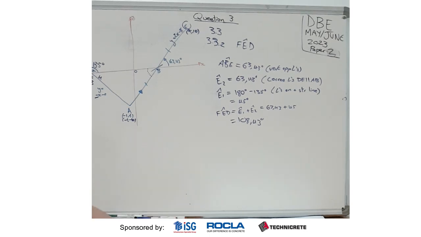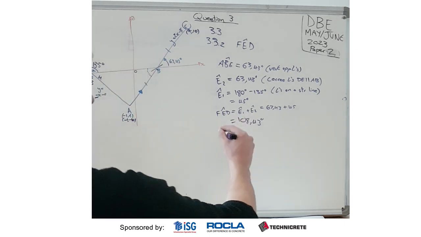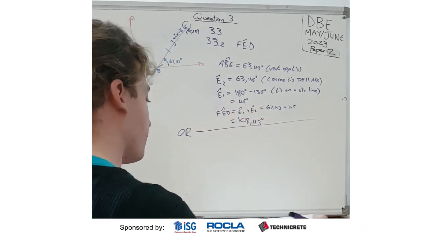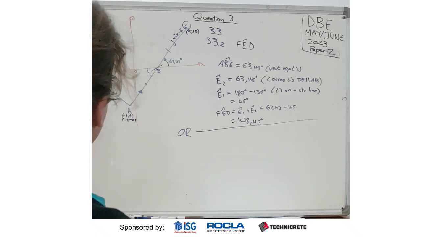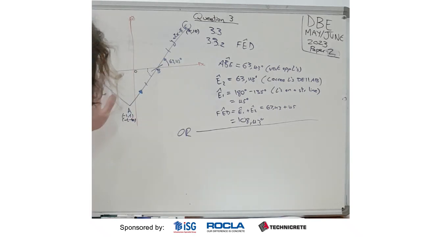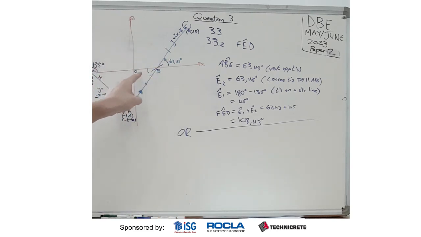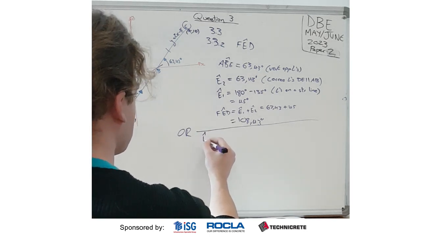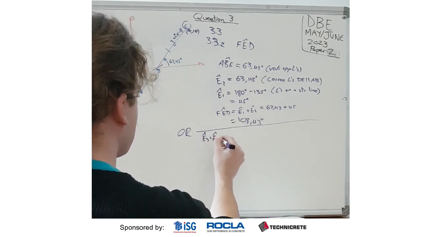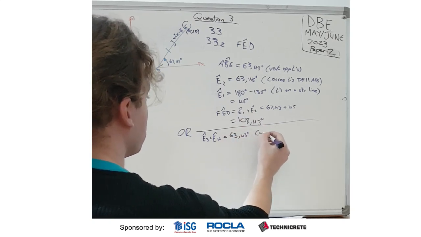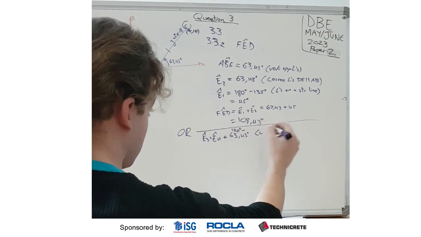Okay, that's method 1. I think, yeah, that's a good method if you're able to spot things like vertically opposite and corresponding angles. If you're better at spotting things like co-interior angles, however, the second method might be more for you. E3 over here and E4 together can form a co-interior angle with this side of B. Right, so let's say angles E3 plus E4 is equal to 180 degrees minus 63,43 degrees.